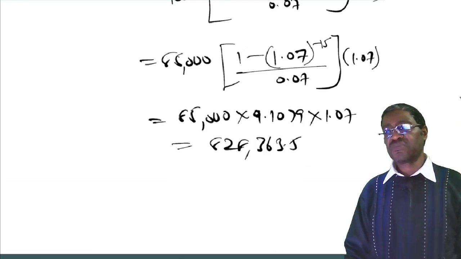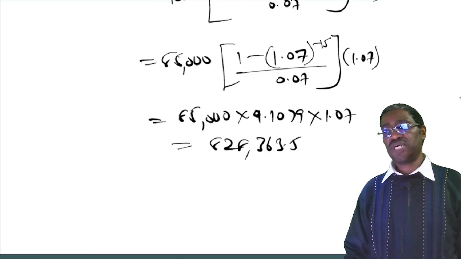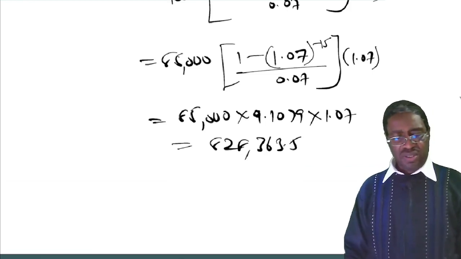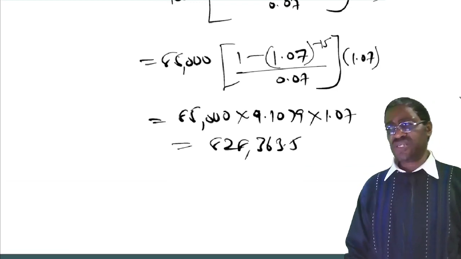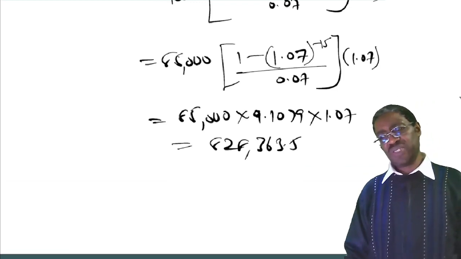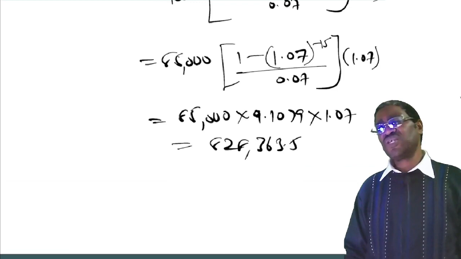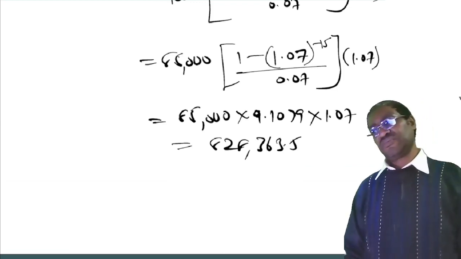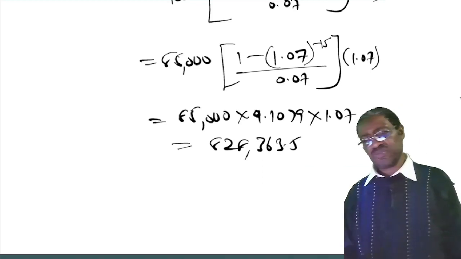Now listen. Suppose these annuities that you are going to receive are going to be received forever, into perpetuity.